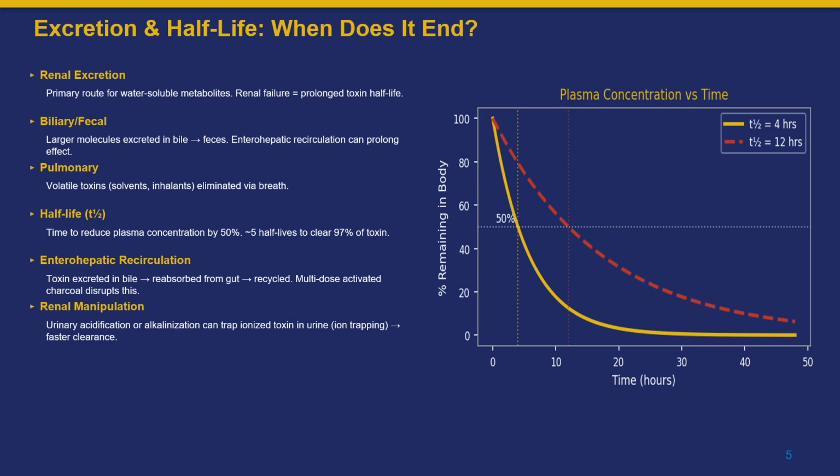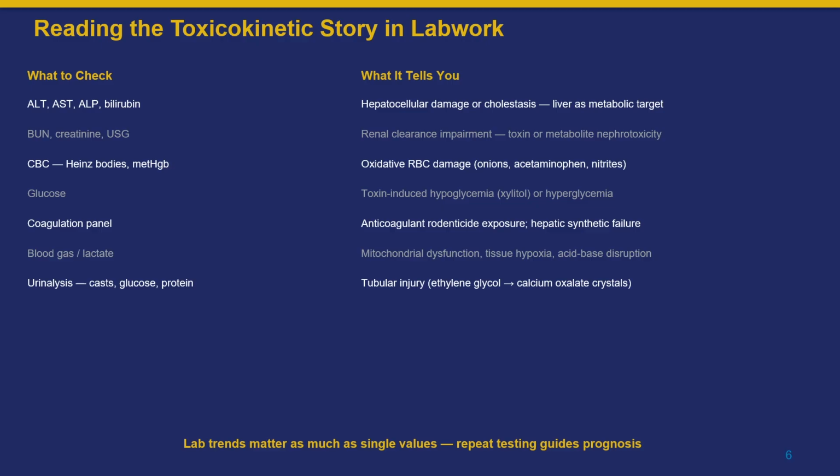Alkalinizing urine traps weak acids like phenobarbital or salicylates in ionized form in the tubular lumen where they can't be reabsorbed. This accelerates clearance.